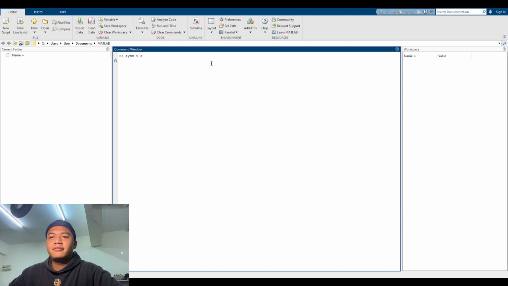So in the next line, we need to insert the equation x equal to 2 times exponent power of negative 3 times t, then times sin of 4 times t.